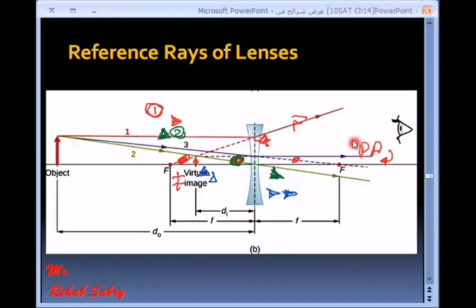Well, let's see the ray diagram of the diverging lens.